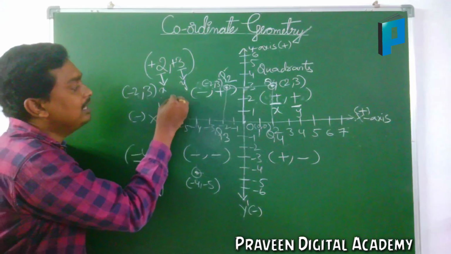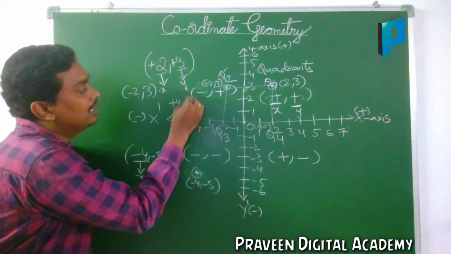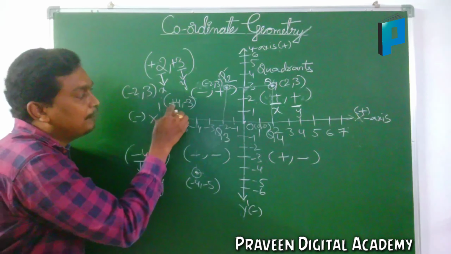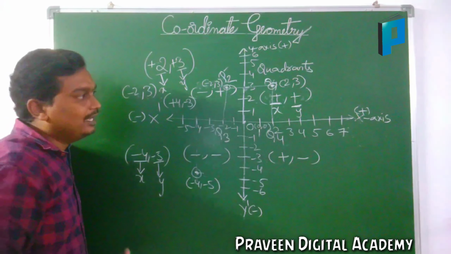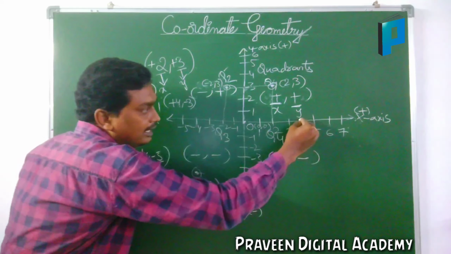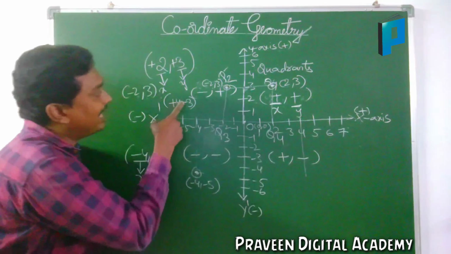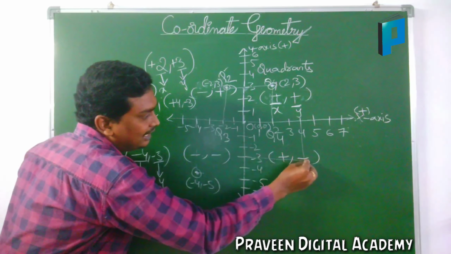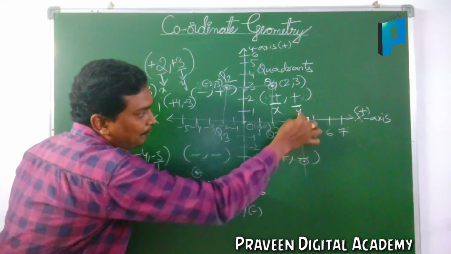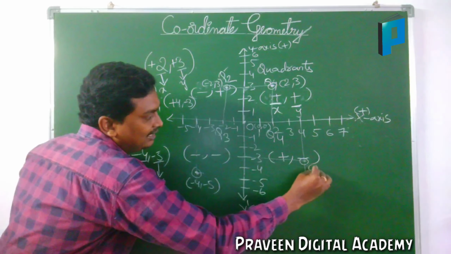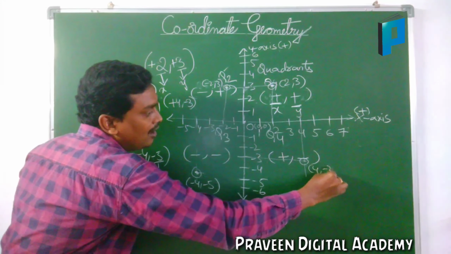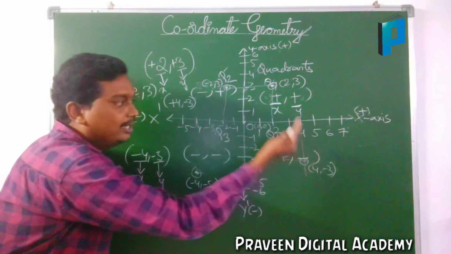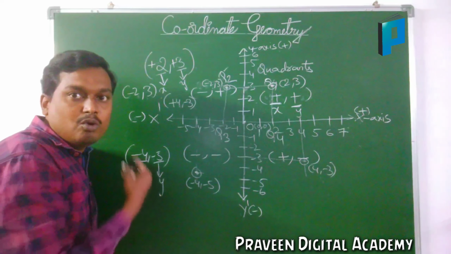Here if you have (4, minus 3), that is plus 4, minus 3. Here is plus 4, and y is minus 3. Where plus 4 and minus 3 meet is the point (4, minus 3), which lies in Q4.